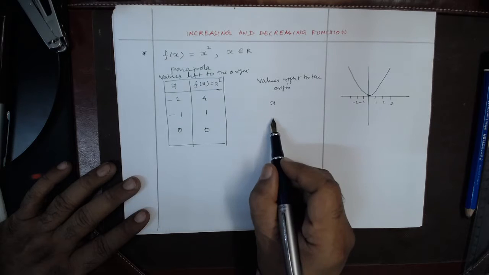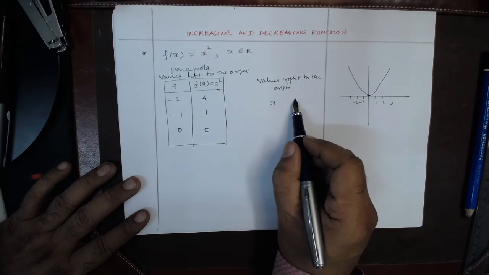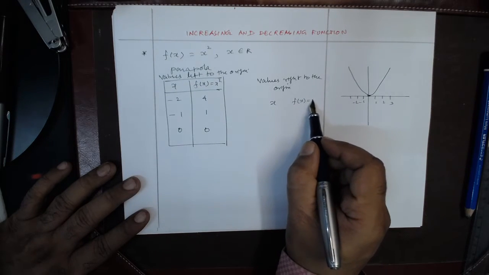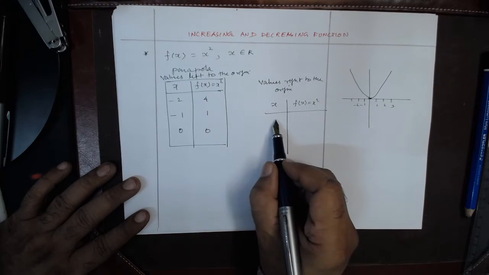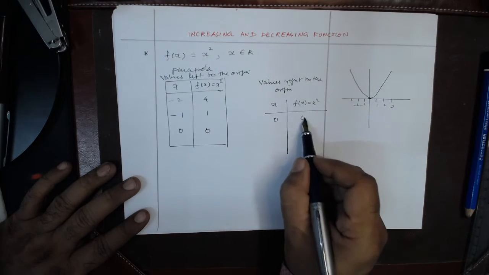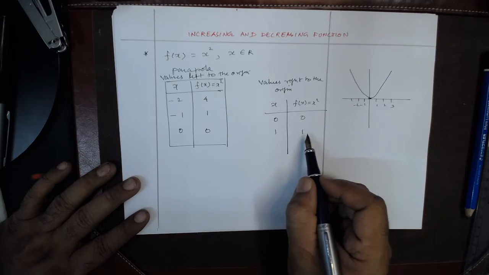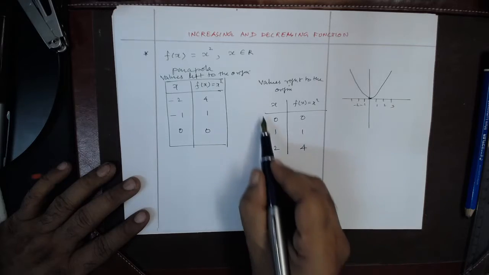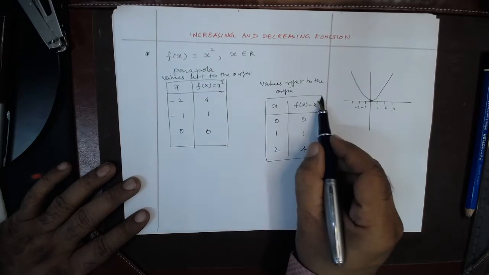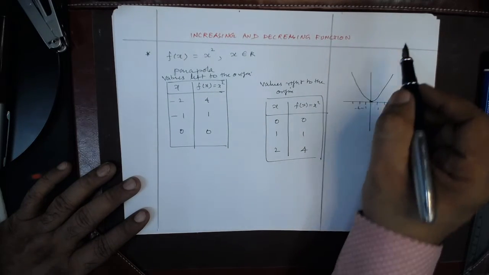So x and y, which is nothing but f of x, that is equal to x squared. Now we can start from 0, it becomes 0. When I put 1, this is also 1. When I put 2, this is 2 squared, that is 4. So likewise, it goes on increasing on the other side, and that is why you are able to get a parabola.